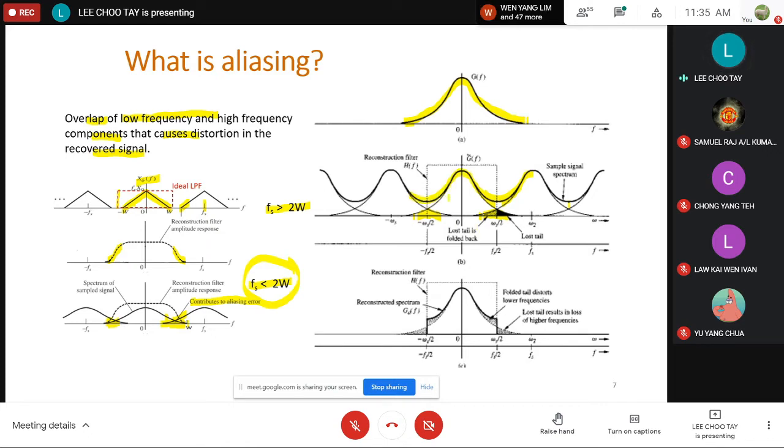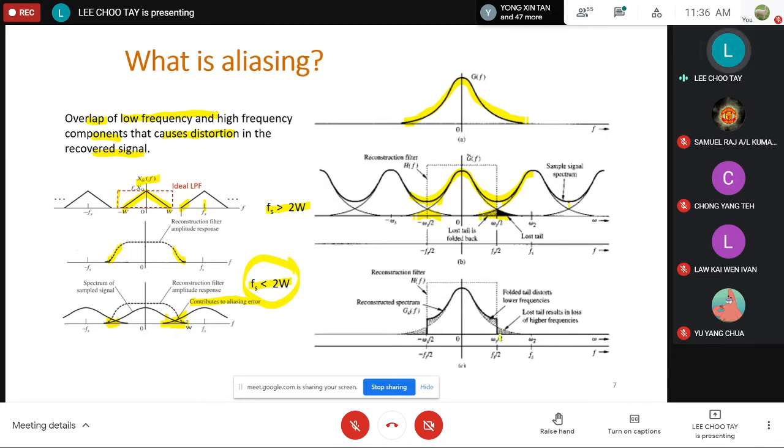That means the magnitude of the higher frequency component here has been changed, and the amplitude of the lower frequency component here has been changed as well. So this will cause your signal to be distorted. The signal that you recover is not actually the original spectrum anymore. So your signal will be distorted here, at these two ends.